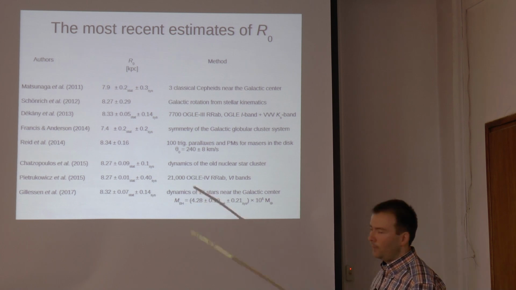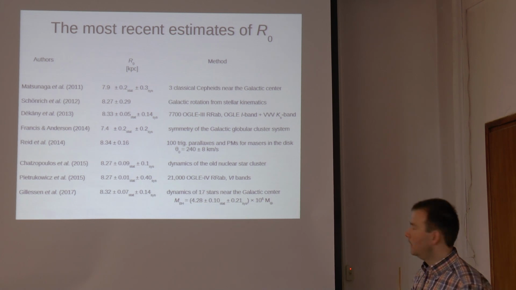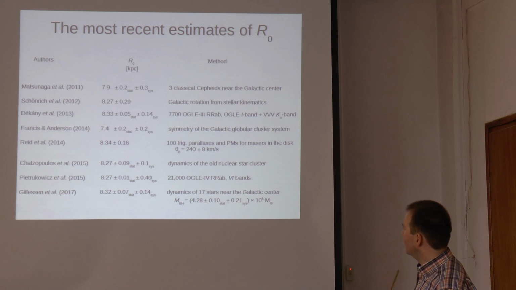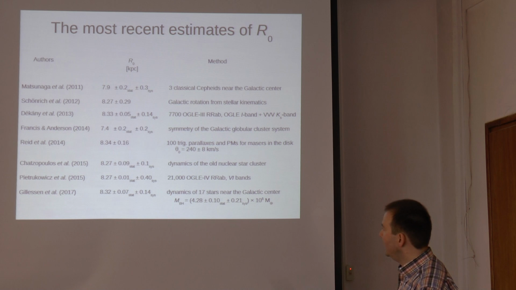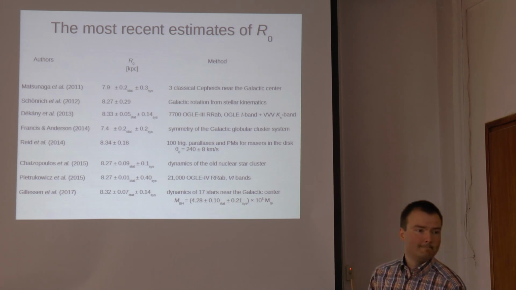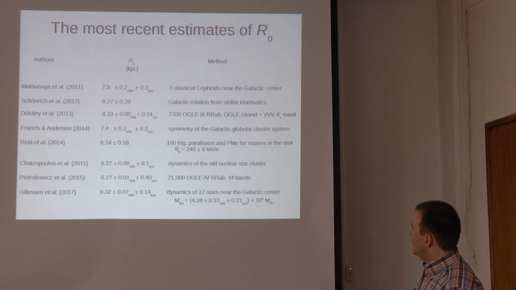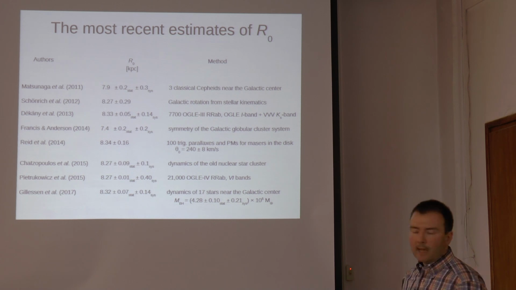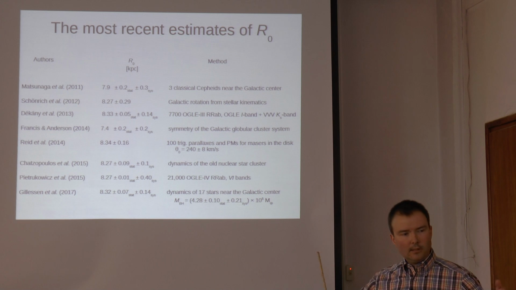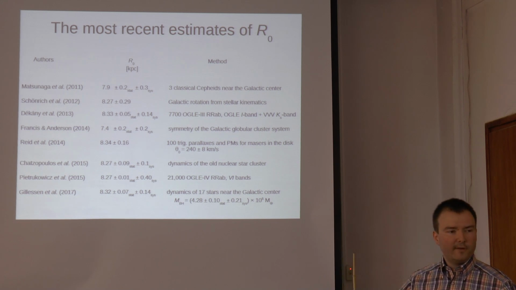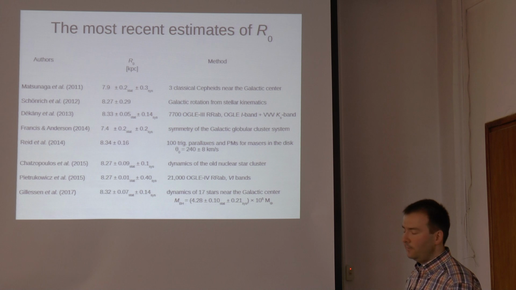So 4.3 million solar masses is estimated for the central black hole, and 8.3 kiloparsecs. And they have very low systematic errors. I think this is thanks to this long period of observations. So now it's about 25 years. 1992 was the first measurement.